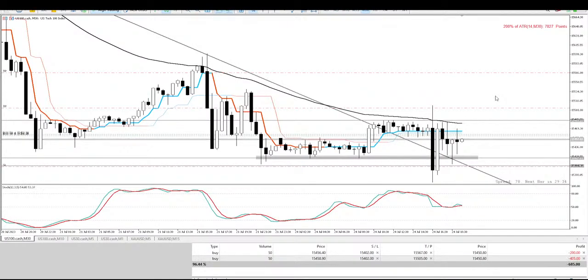Still need kind of a rally out of here. Depending on how price moves, I may just settle for a break even for today. Just because it's getting close to my meeting, so I don't want to be holding this during the meeting.